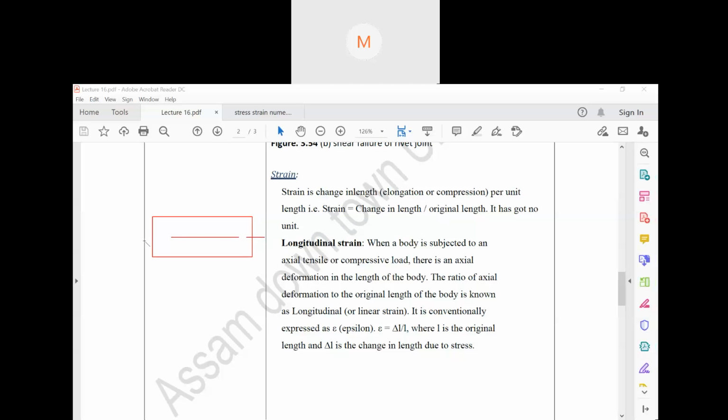That means this is coming in a particular line, right?